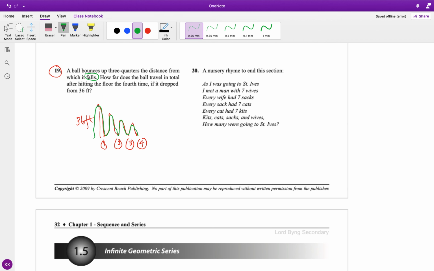If we have this kind of loop, we can use the geometric series, because each one of them is going shorter by 3/4. So my A1, the total, is 36 multiplied by 2, which is 72.